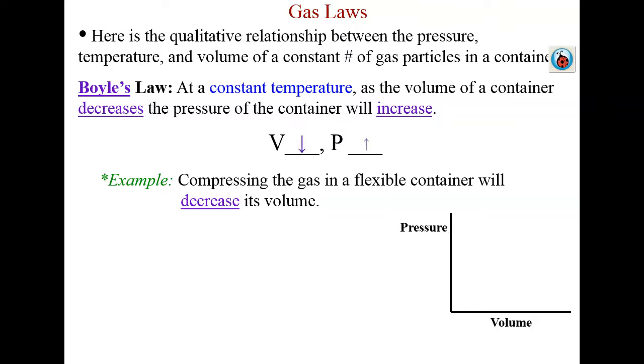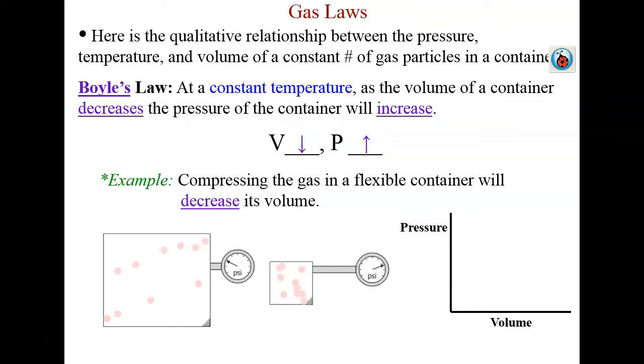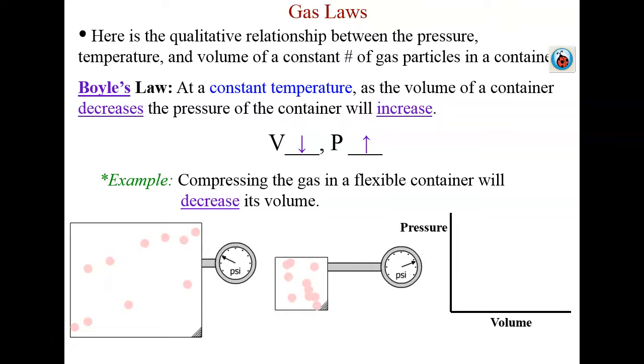So we're going to represent that with arrows. As volume goes down, pressure goes up. But we can reverse that too. As volume goes up, pressure goes down. So here we see in the big square, we've got big volume, low pressure. But if we squeeze that box down to a smaller volume, then the pressure increases.